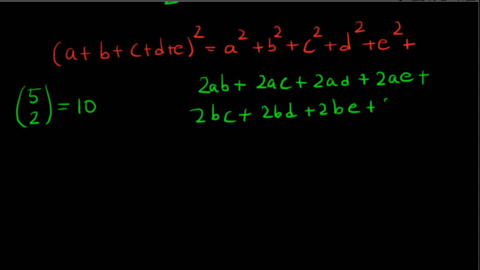And next we go on to C. 2CD and 2CE. And finally, we end at D. It's only 2DE. So at this point, we have all our 10 groups of 2. We can expand this further with more terms, but there's no need to do that.